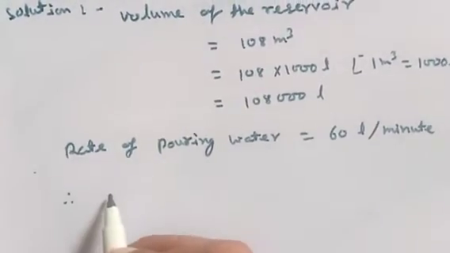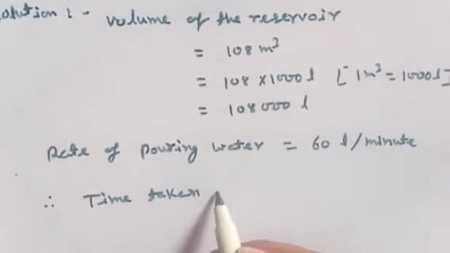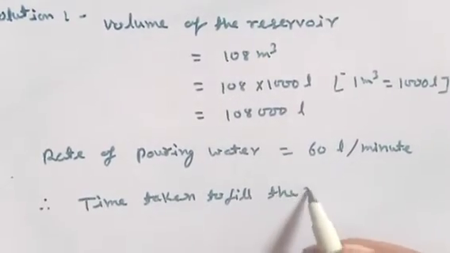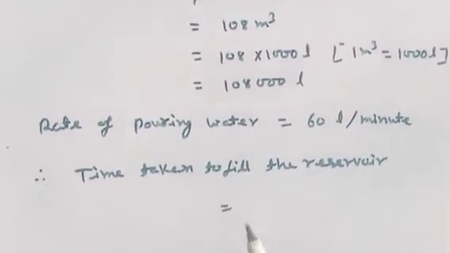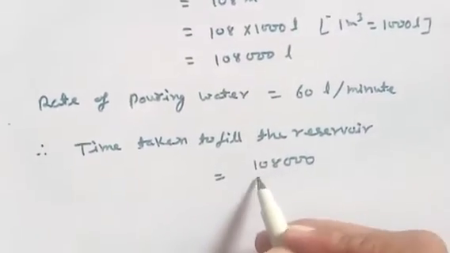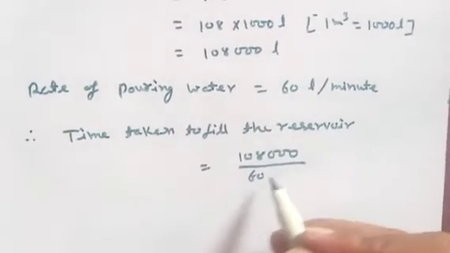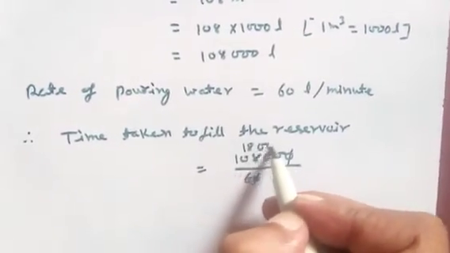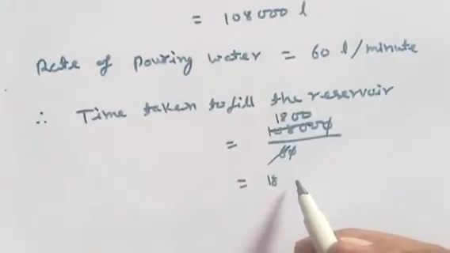So time taken to fill the reservoir equal to volume of reservoir divided by rate of pouring water. 0 to 0 cancel and 1800 minutes.